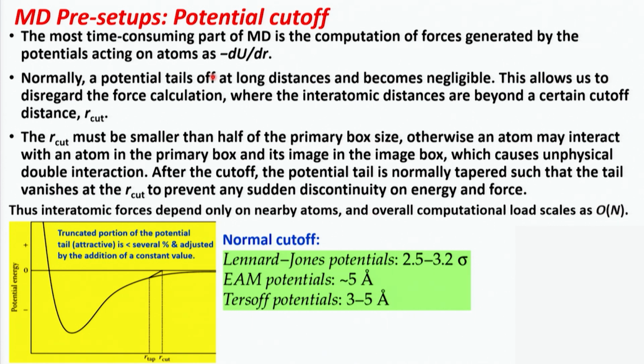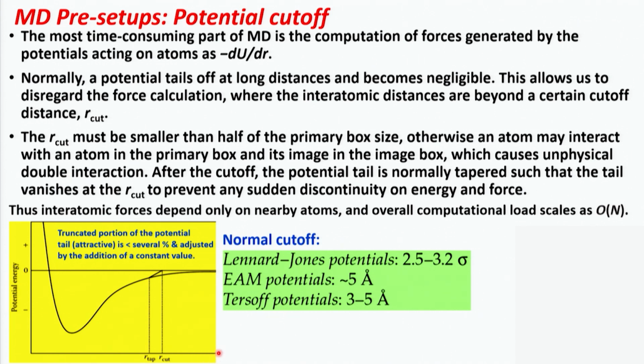Normally a potential tails off at long distance. As you can see in this potential energy curve, as you go further the potential energy goes to 0, so there is no point in considering interactions coming from larger distances.